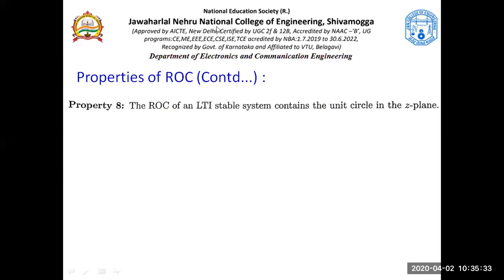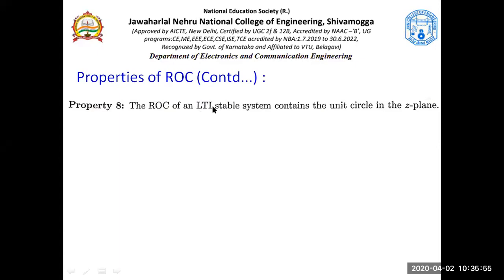They say LTI here. LTI means linear time invariant. So they have taken these three properties together. There is a system which is linear, time invariant, as well as stable.